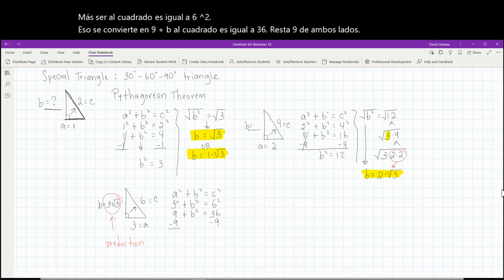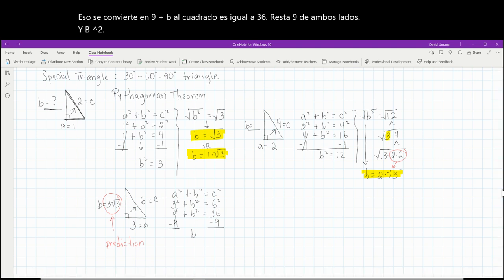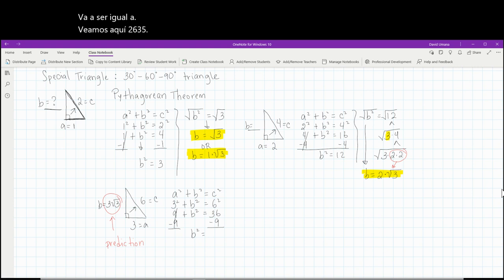And b squared is going to be equal to, let's see here, 36 minus 9 is 27. And it turns out that if I square root both sides, 27 is in fact 3 times 9. 3 is prime.